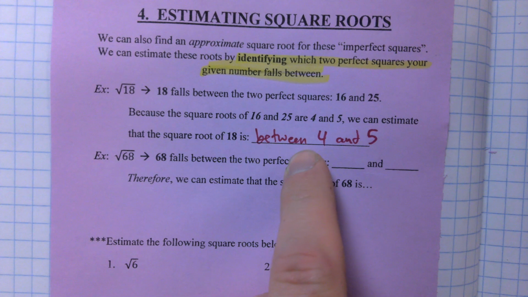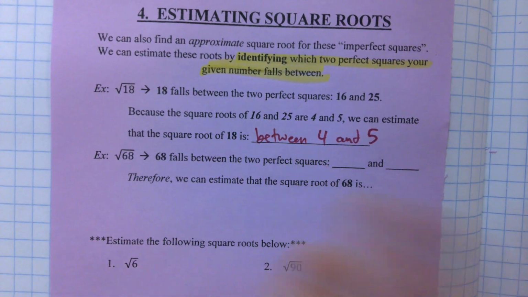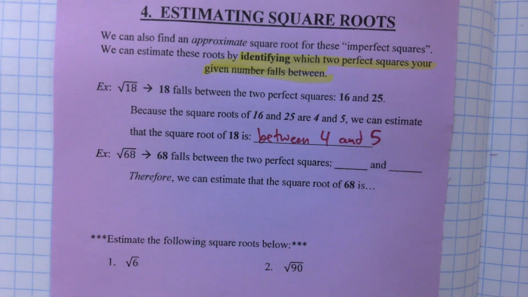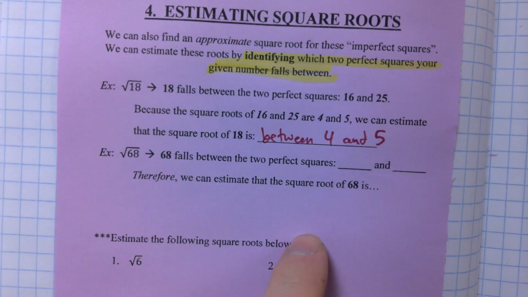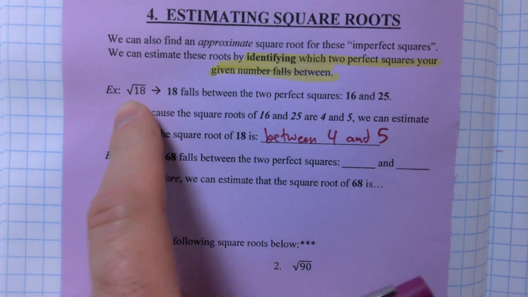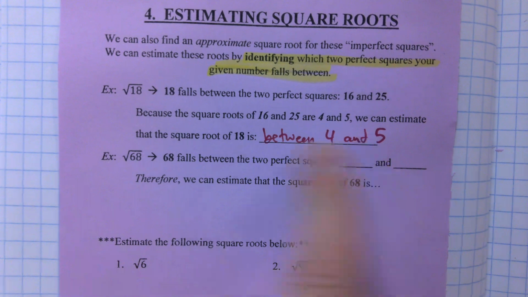So we're not finding this exact decimal answer. I don't care about that. I know you can plug that in a calculator. I want to see if you're able to figure out the range of answers I could have, right? So the square root of 18, it's a little bit more than 16, a little bit less than 25. It's going to be somewhere in between 4 and 5. Does that sound okay? Does that make sense?